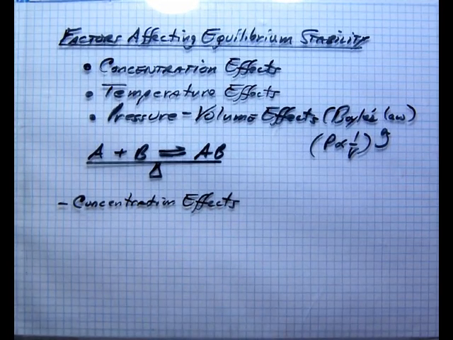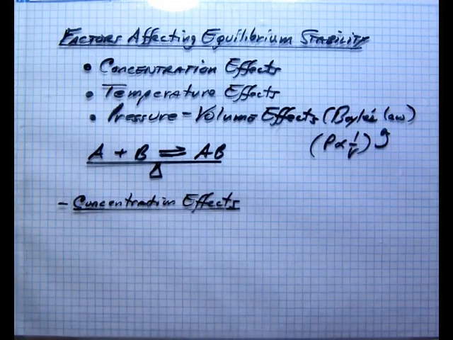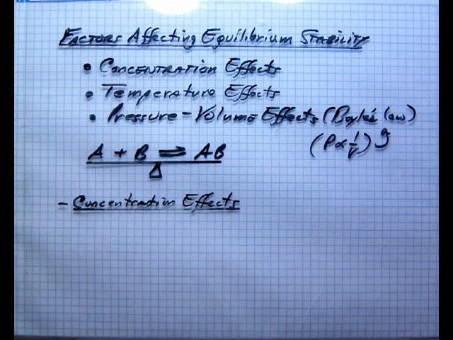And in the work that we're doing, we try to work with molar concentrations. Well, we can also work with moles, and in this context, because you're increasing or decreasing.